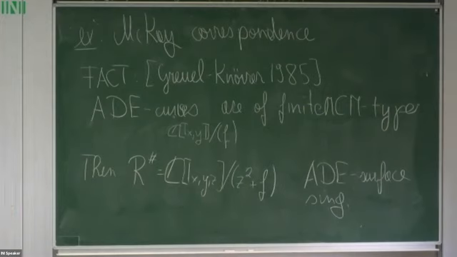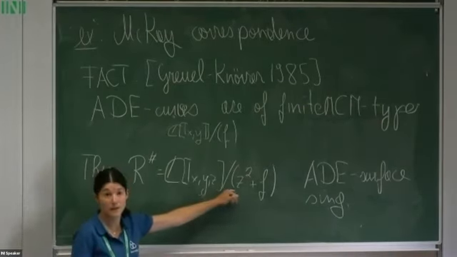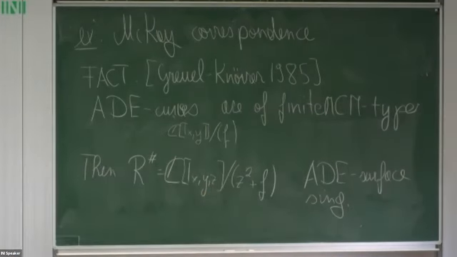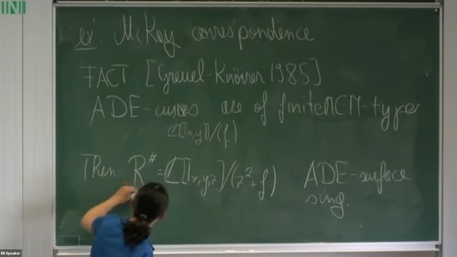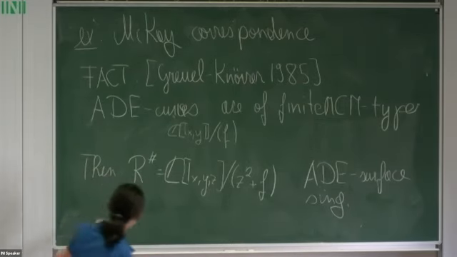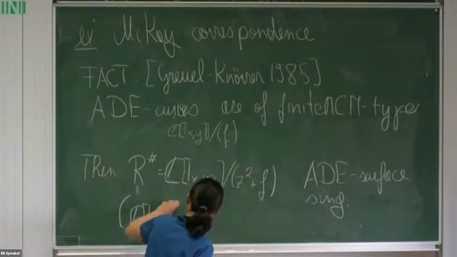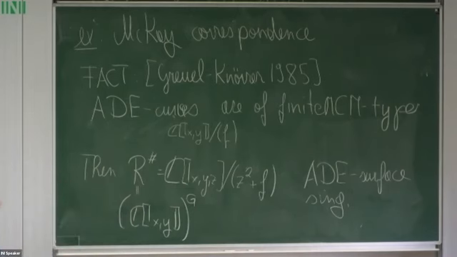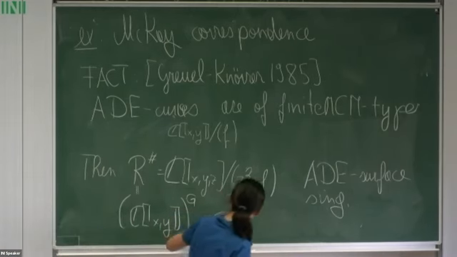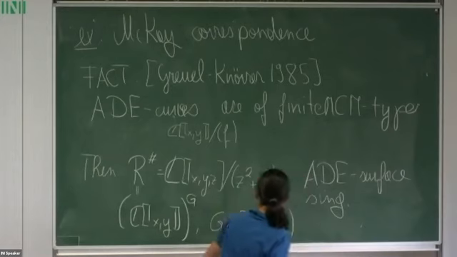Well, from Knörrer, we already know this has finite Cohen-Macaulay type. But another way to see that is that this R sharp can also be seen as an invariant ring under a finite group G in SL2(C).